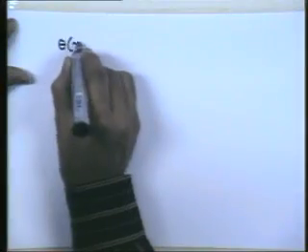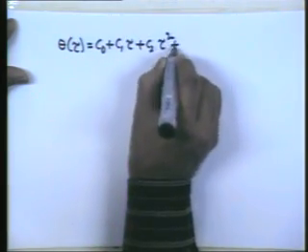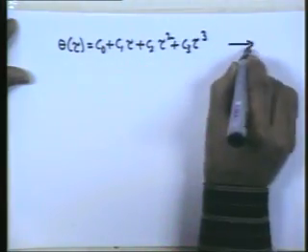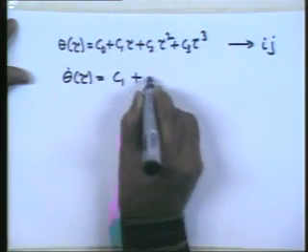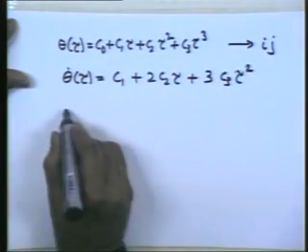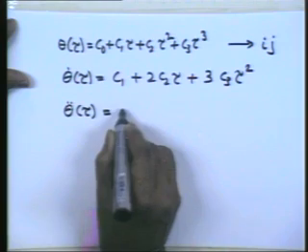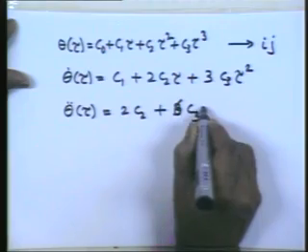Let us look at how these would turn out to be. In terms of theta of tau being C0 plus C1 tau plus C2 tau squared plus C3 tau cube in the ijth segment, theta dot of tau is C1 plus 2 C2 tau plus 3 C3 tau squared, and theta double dot of tau is 2 C2 plus 6 C3 tau.